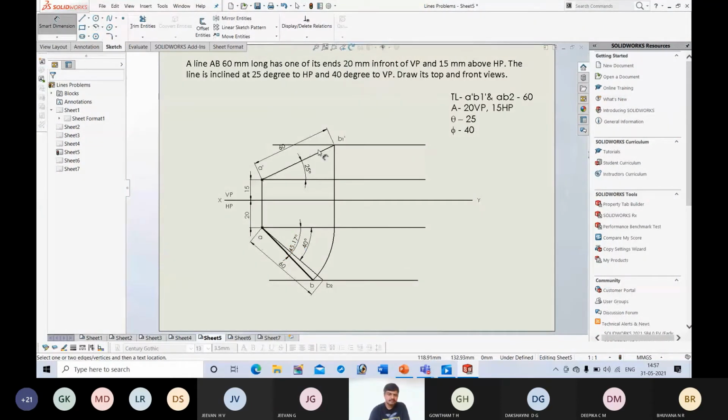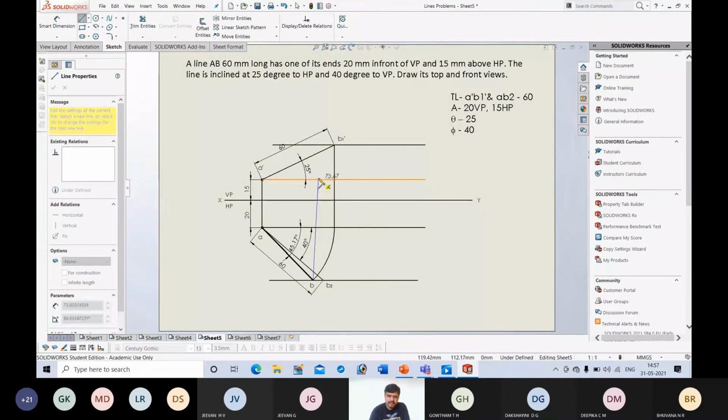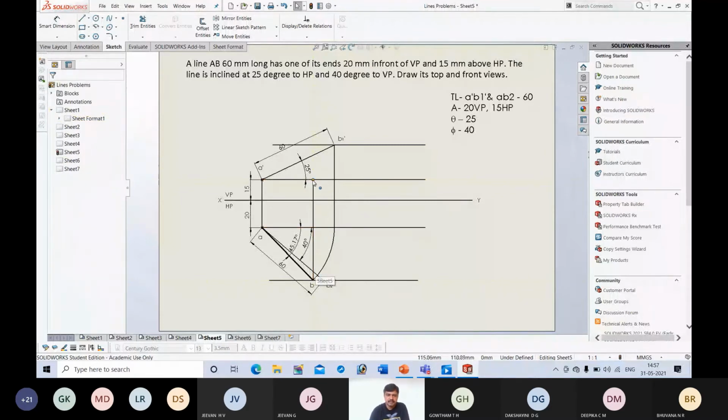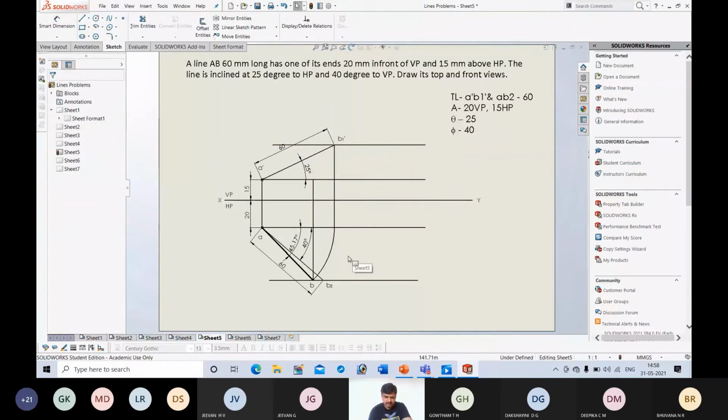Next, similarly, you have one more true length line. From that also you have to draw a vertical line from B to the locus of A. Sorry, I made a mistake.